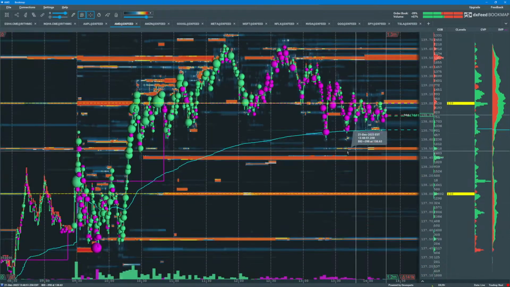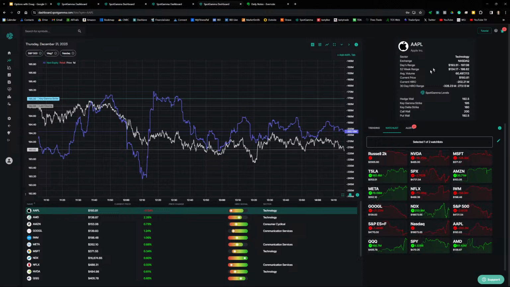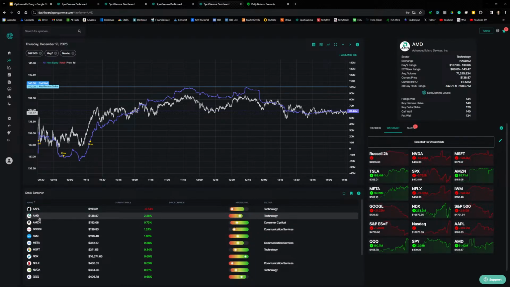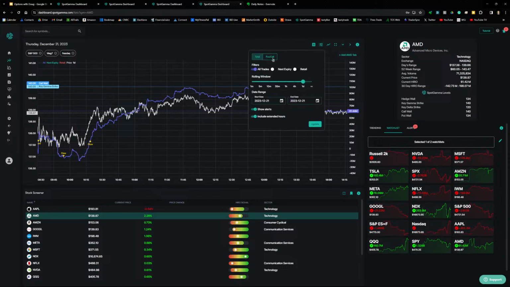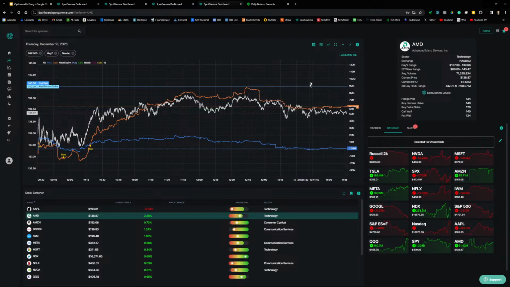The next is AMD, just the opposite. Let's go take a look at Hero for AMD. I don't have it in Bookmap, but we can take a look in Hero. AMD. The orange line showing call buyers.